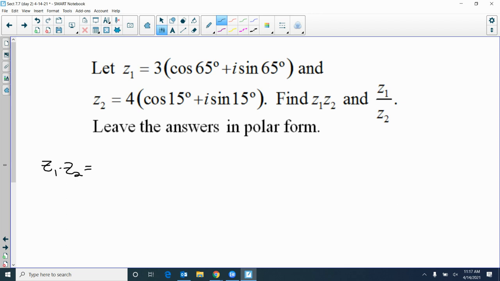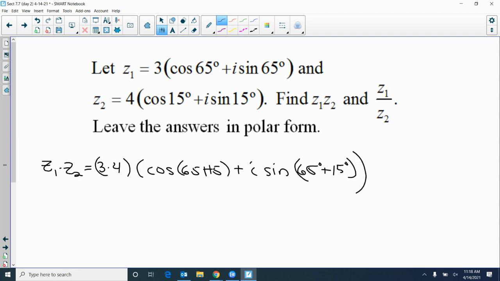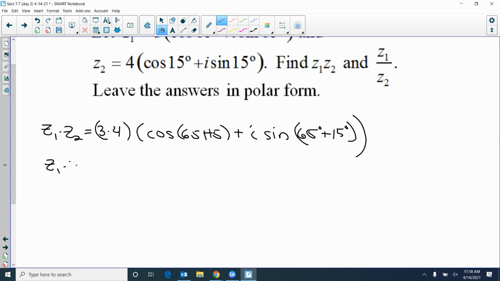Multiply 3 times 4, and then you take cosine of 65 plus 15 degrees, plus i sine of 65 plus 15, and simplify that to 12 cosine 80 degrees plus i sine 80 degrees. Multiply your R's together, add your degrees. That's all you do for that one.